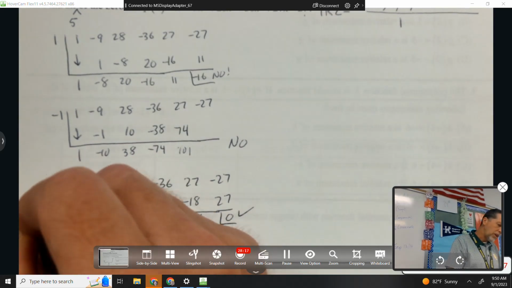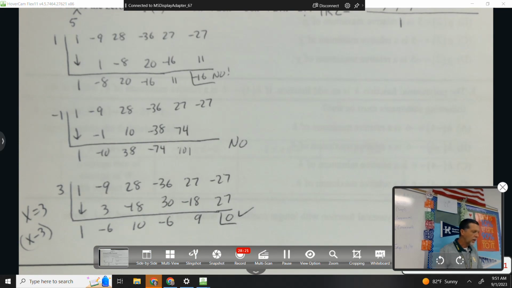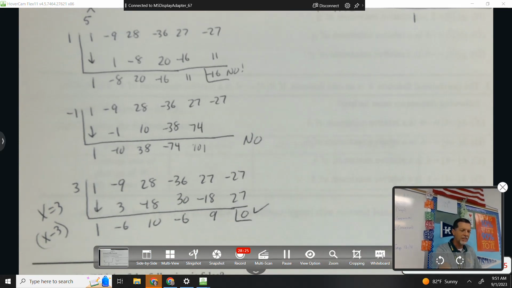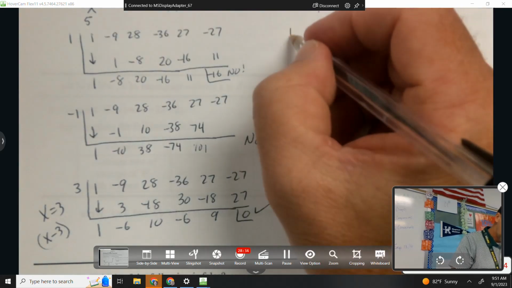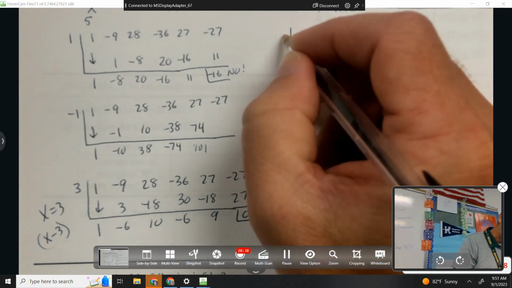X equals 3, or x minus 3, however we want to say that. So yay for us. Now I'm down to a quartic, so at least it gets easier once you find one. 1, -6, 10, -6, 9.